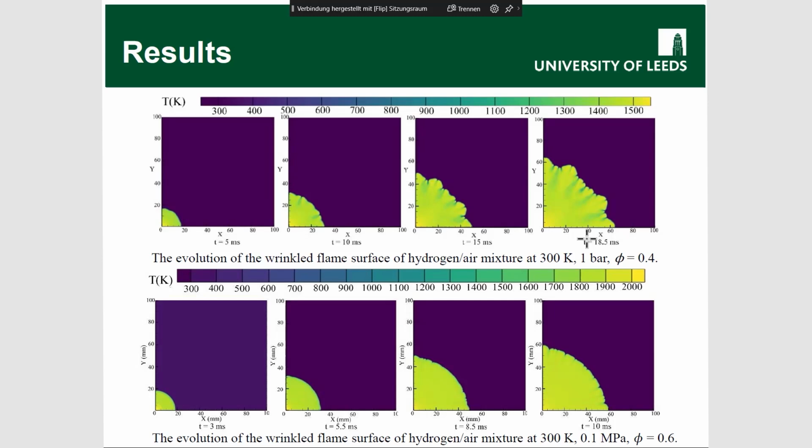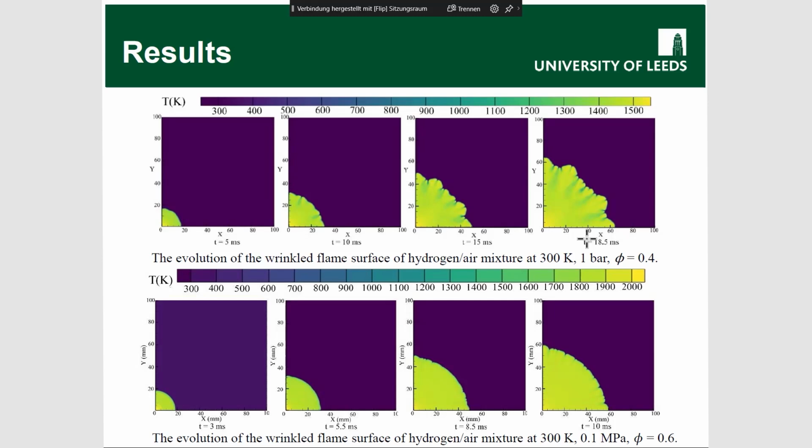We want to do some comparison between them. When we change the equivalence ratio from 0.4 to 0.6, we can see the flame front is not as cellular and not as irregular. This is because of the Lewis number, the ratio of thermal diffusivity to mass diffusivity.